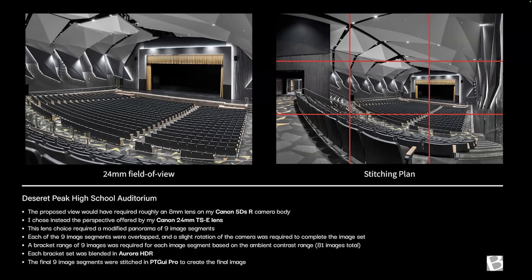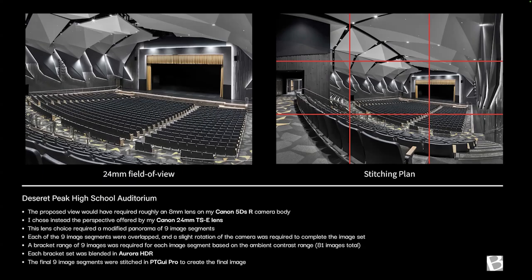Starting out with the 9 images here, this required me using those compound movements where I was both shifting vertically and also shifting horizontally with the lens, to get these 9 different image segments.